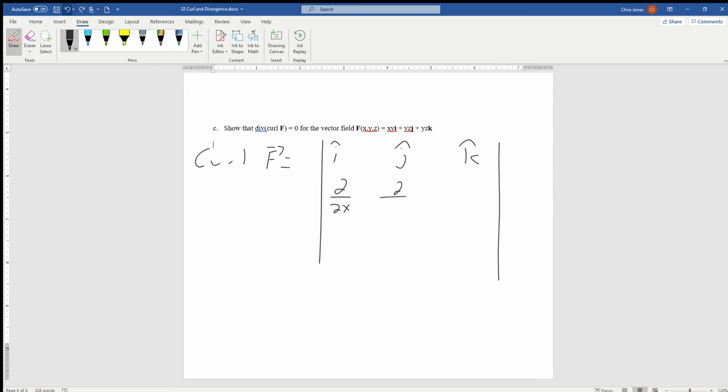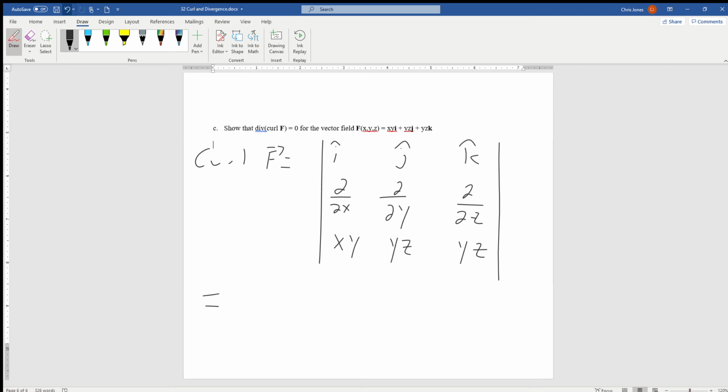And then we just take each of the components of f, xy, yz, and then yz again, and we just throw it in there.